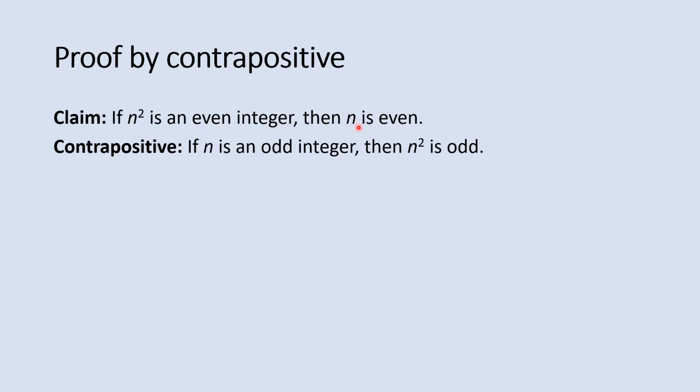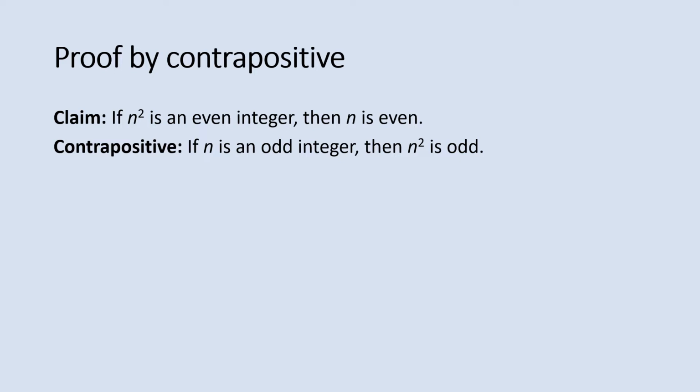So rather than n being even, we assume that n is odd, and then the conclusion is the negation of the original hypothesis. So the contrapositive of the claim is if n is odd, then n squared is odd.